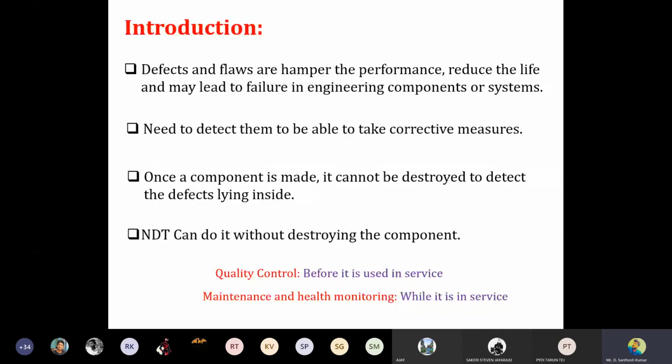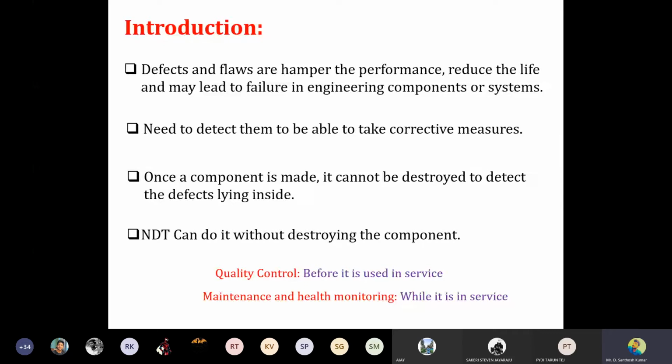As you can see listed in this particular slide, when you release a component to the market, to the end user, you need to ensure the component is free of defects and flaws. Otherwise, the performance of the component will be seriously affected.